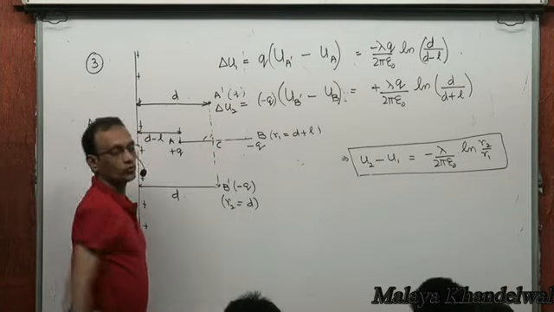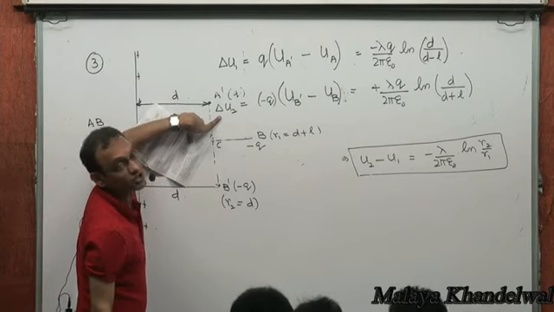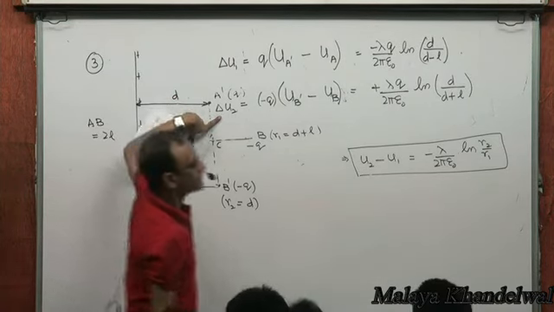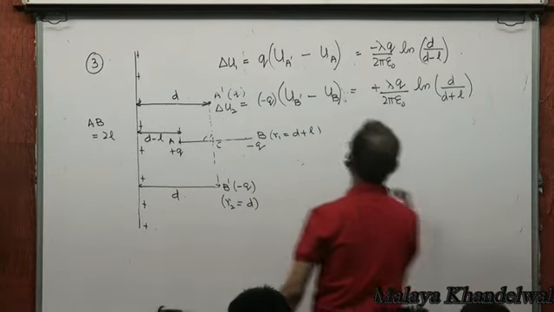The total work done would be delta U1, the change in potential energy of A, plus delta U2, the change in potential energy of B. That's going to be the total work done by an external agent if there is no change of kinetic energy.